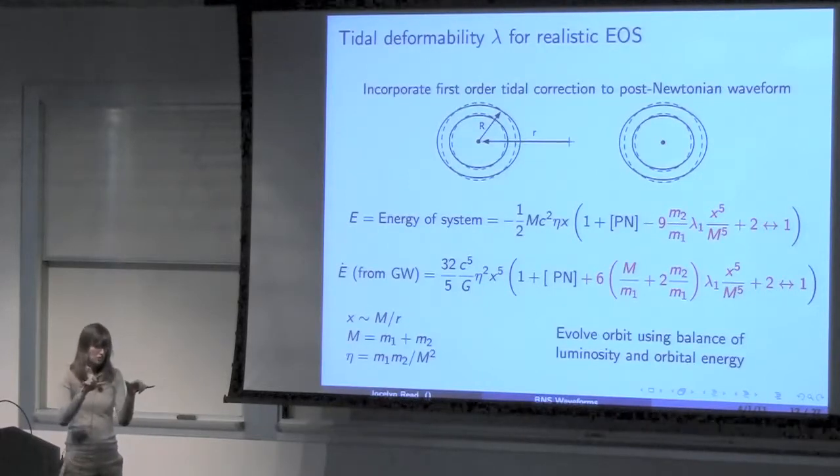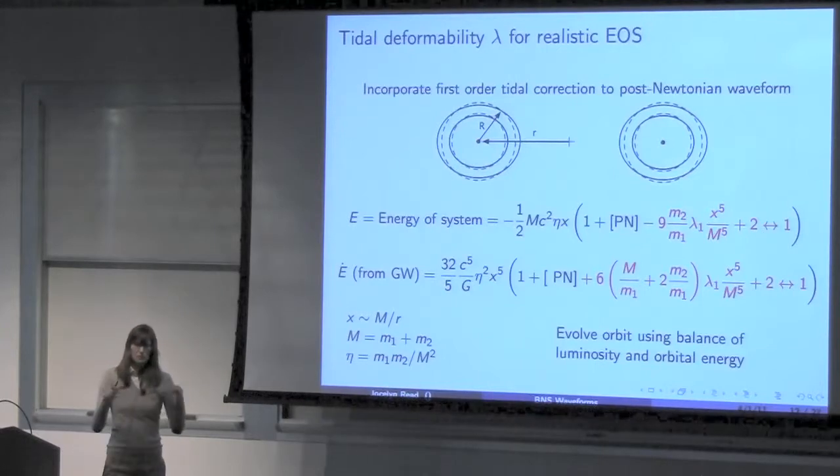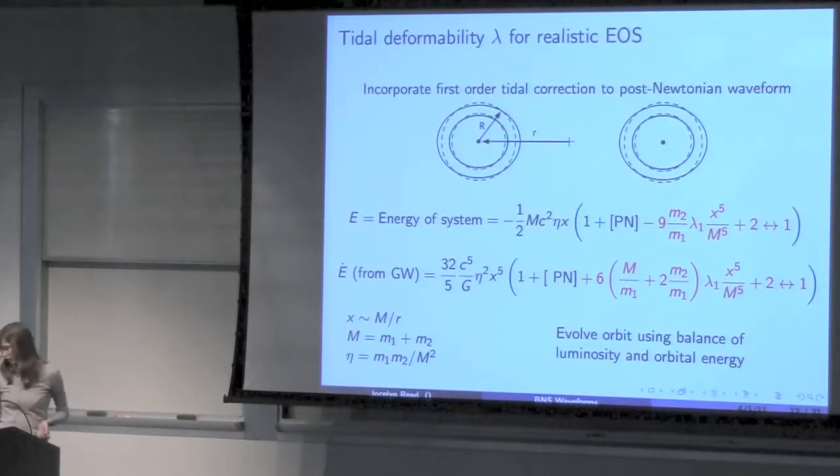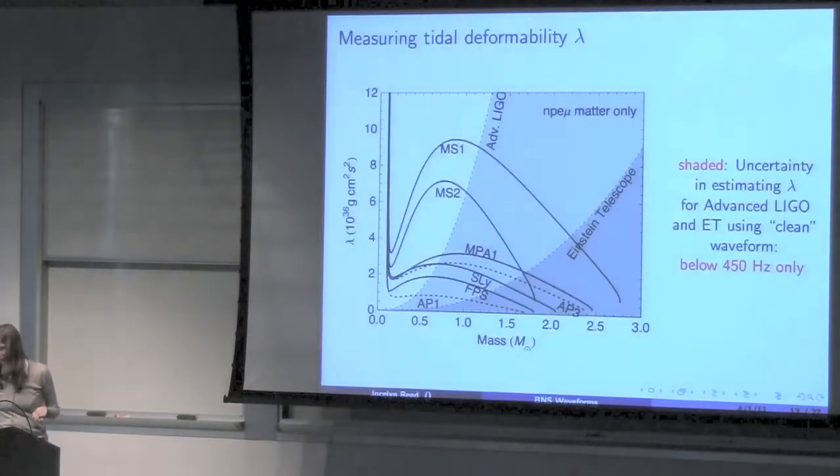So as the stars' separation becomes comparable to their radius, this ramps up very quickly. And this is how, if you calculate it, you can actually see that this will overwhelm formally lower post-Newtonian contributions to the phasing at relatively high frequency.